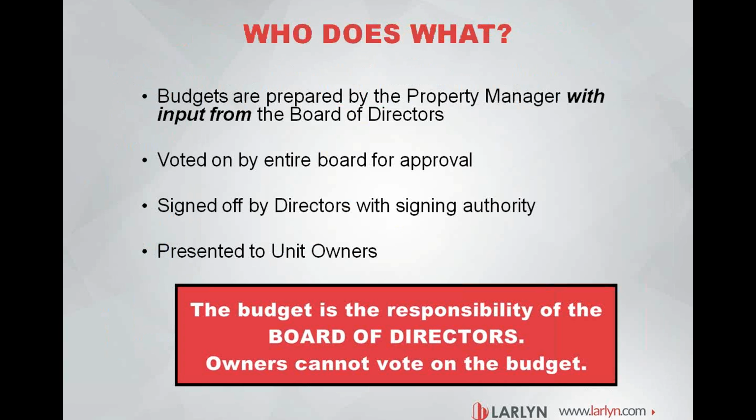The budget is voted on by the entire board for approval, and then it's signed off by the directors with signing authority. Once the budget is completed, a cover letter is put together, drafted for the board from the property manager for approval, which identifies and itemizes what the coming year's budget is based on.